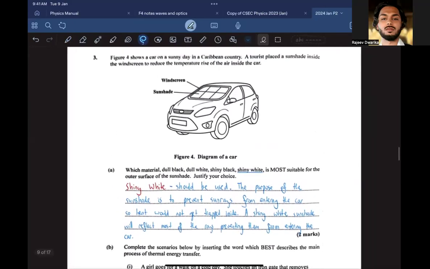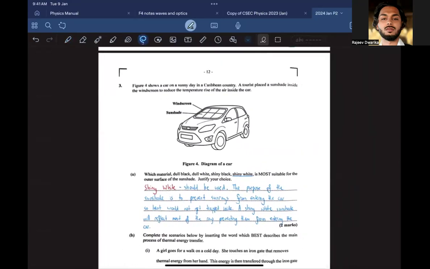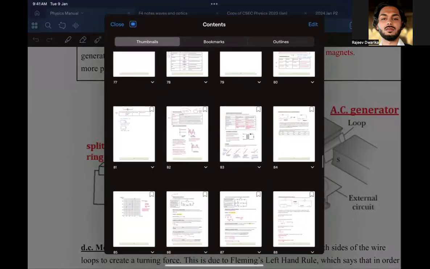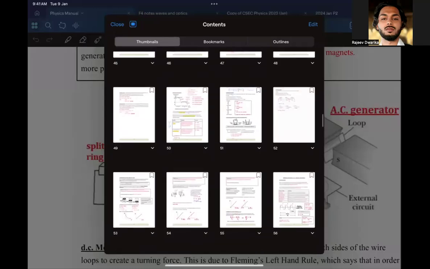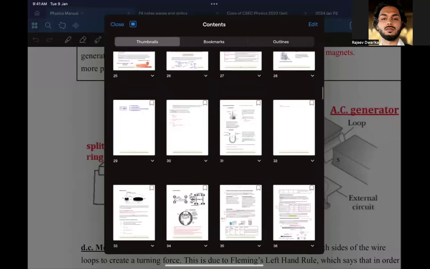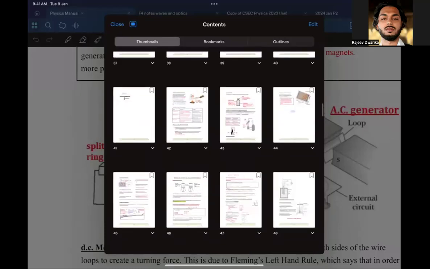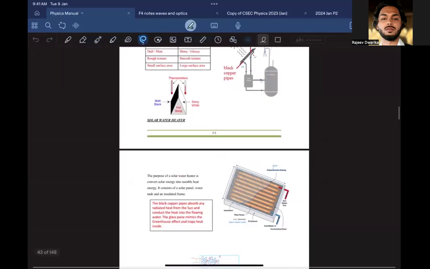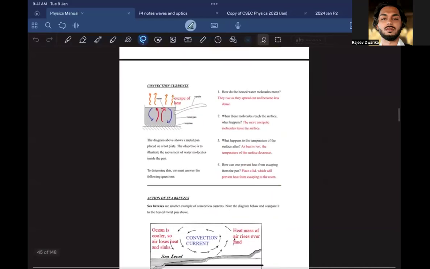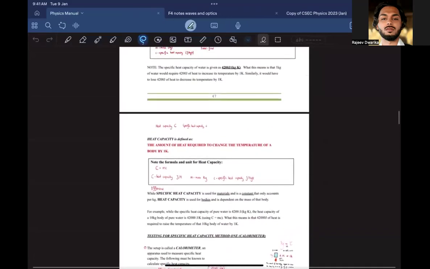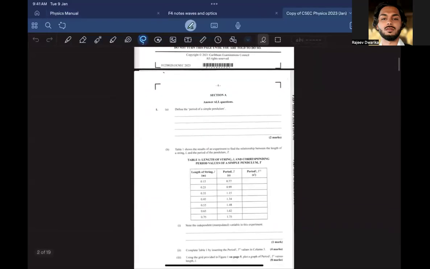And while we on this topic, I would like to look at the greenhouse effect one time. You need to know what would happen with the long wavelengths, the short wavelengths of light. You need to know that. So I can cover that really fast. Let me look for the notes.